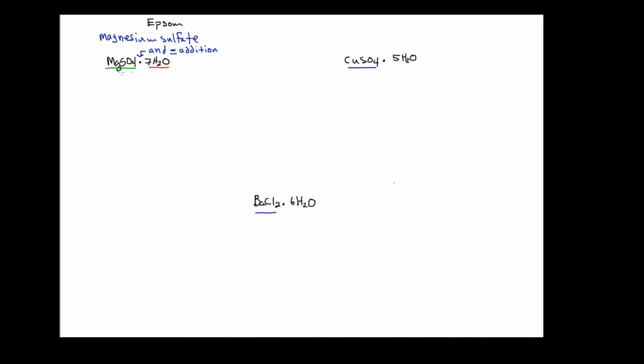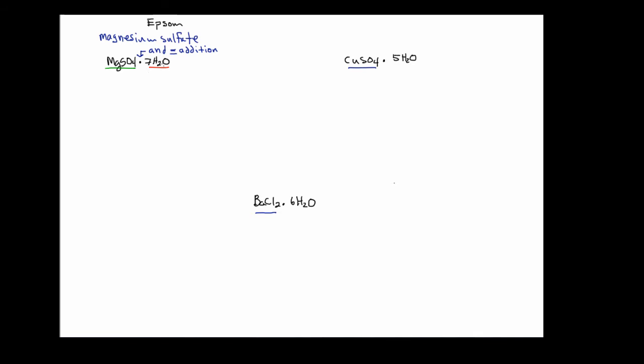So an ionic hydrate is simply an ionic compound that's complex to a certain number of water molecules. And if we need the molar mass, what we're going to do is calculate the molar mass of the compound, and then we're going to add to that the molar mass of however many H2Os we've got that are attached to the compound. So in this case, you see that there are 7 of them.